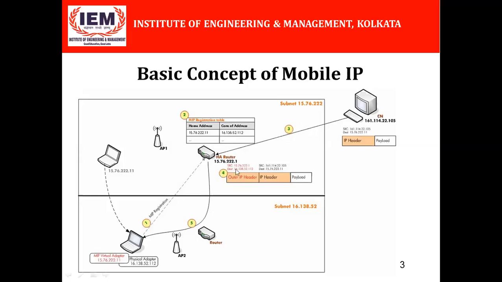This packet creation is the fourth step, and the fifth step is simply when the home agent communicates to the current address of this mobile node. That is the fifth stage. So when it communicates, everything is possible to transmit from the corresponding node to the mobile node. This is the basic concept of mobile IP.